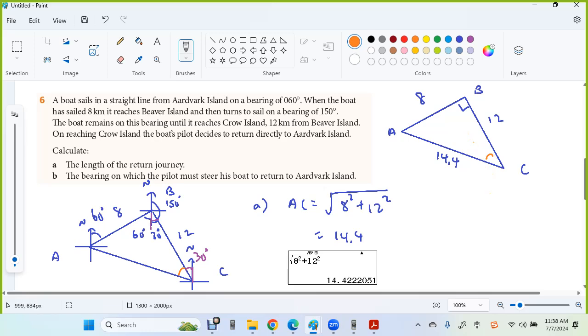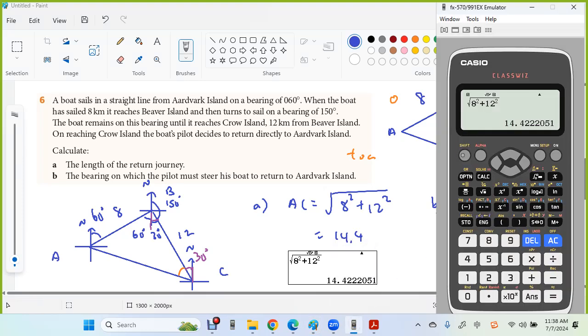I can use opposite over adjacent, so we use tan. So at B here, tangent of angle C will be 8 over 12. Then the angle C will be the arctangent of 8 over 12.